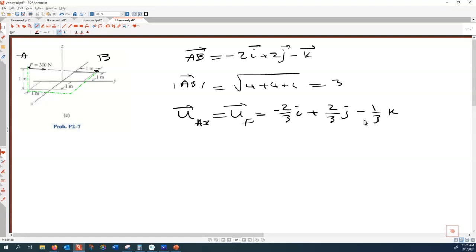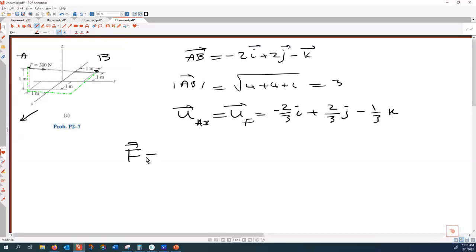Shouldn't it be 2i? Yeah, this one. Well, minus 2. No, you go in the opposite direction of x. The positive direction of x is like that. So going from here to there, you go in the negative direction of x. Okay, so now the 300 would cancel with that.